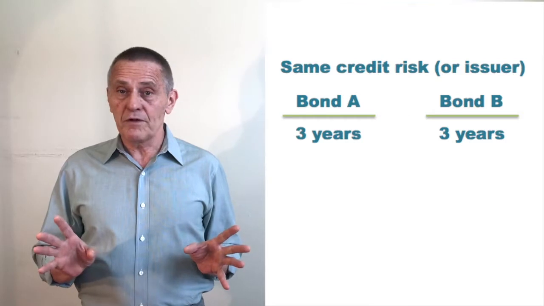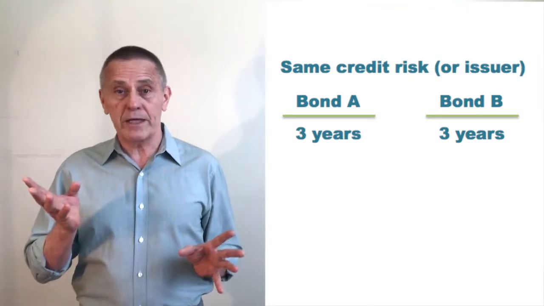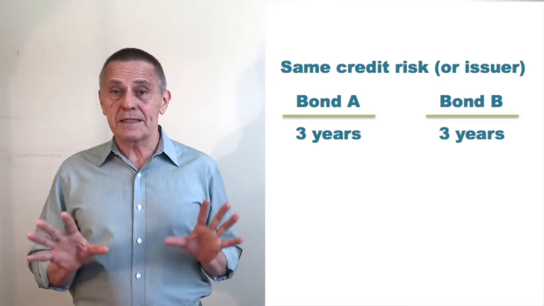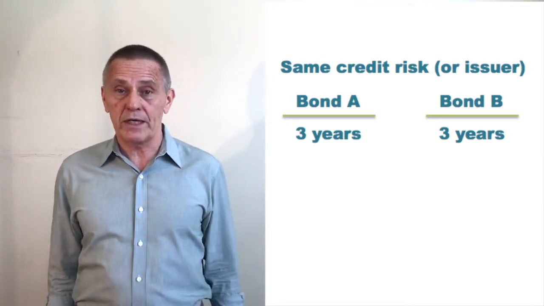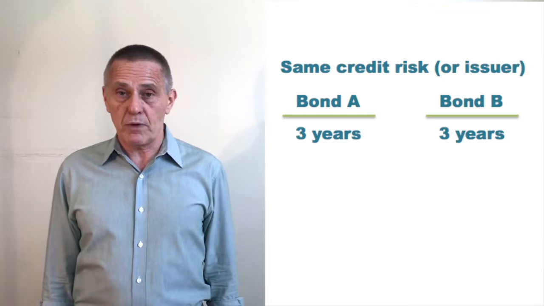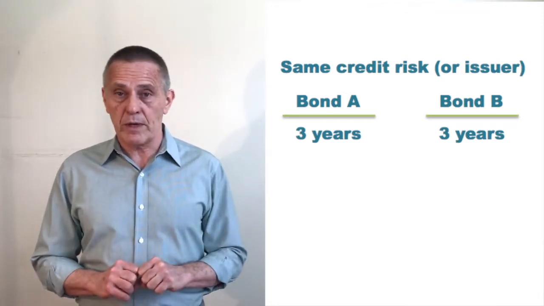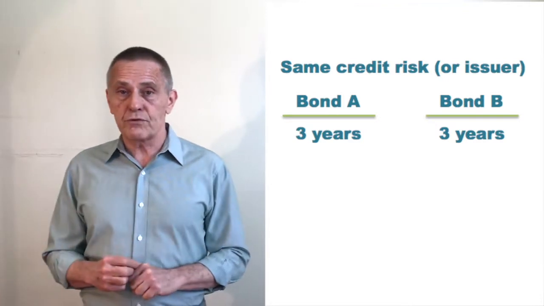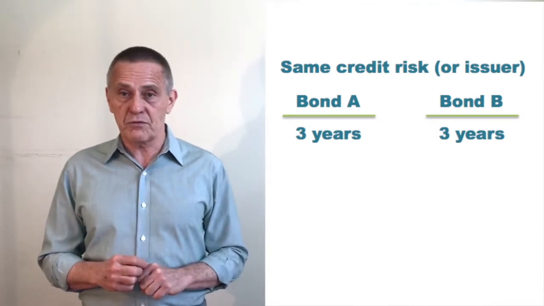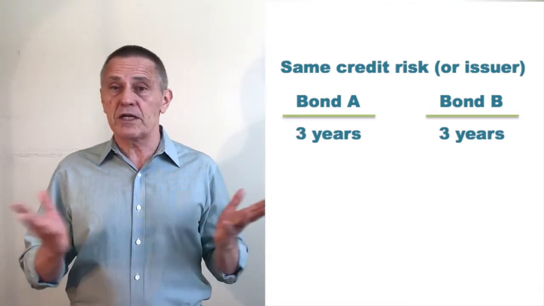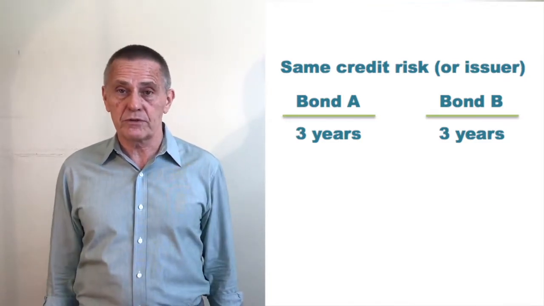But if you thought one of those bonds was a candidate for a credit rating upgrade and the other a candidate for a credit rating downgrade, that would mean that despite the fact they had the same credit rating, you wouldn't believe they represented the same credit risk. And I'm saying no, these two bonds have exactly the same credit risk. So imagine they're both treasury securities that have exactly 3 years to maturity. Or both bonds that are from JP Morgan Chase that have exactly the same 3 years to maturity.